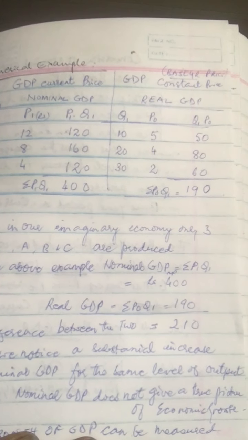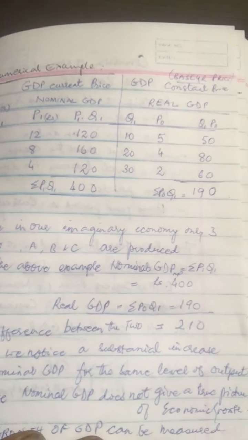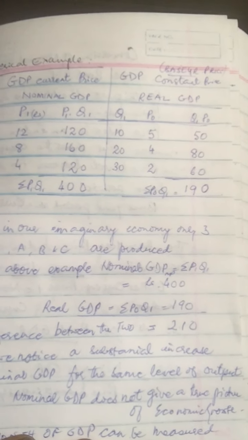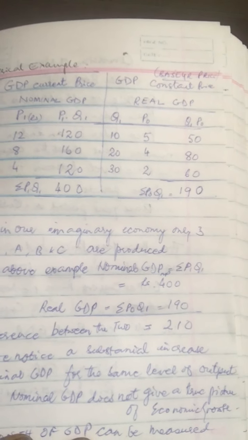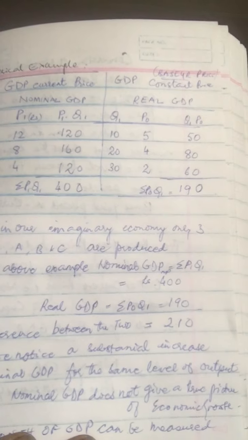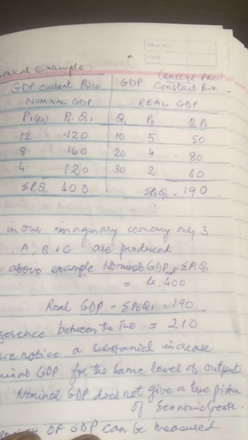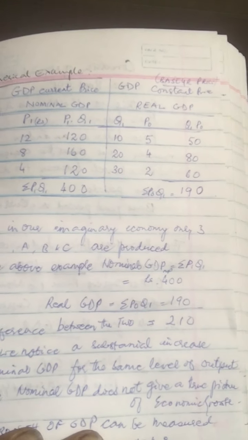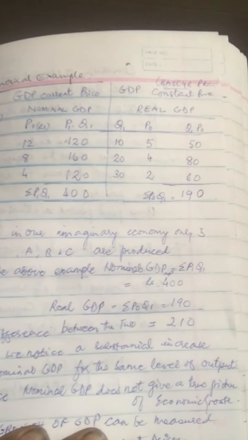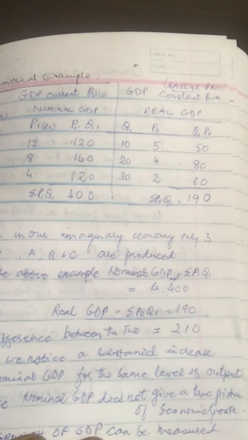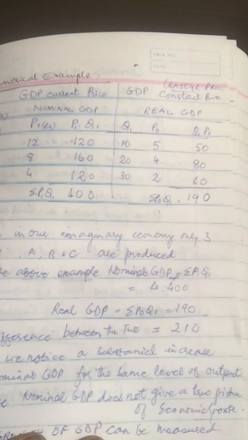Now coming to the base year prices, or what we say is the constant prices or the real GDP. Here the production we take the same: 10 units of A, 20 units of B and 30 units of C. Now in this we take the base year prices.